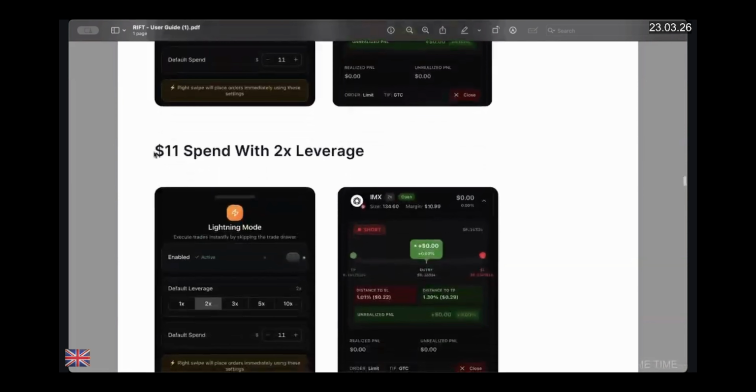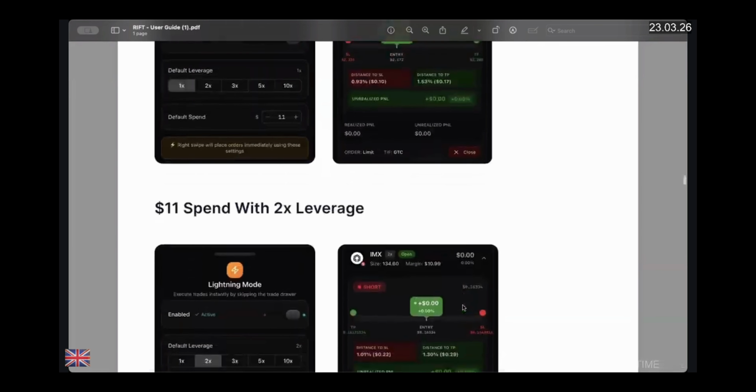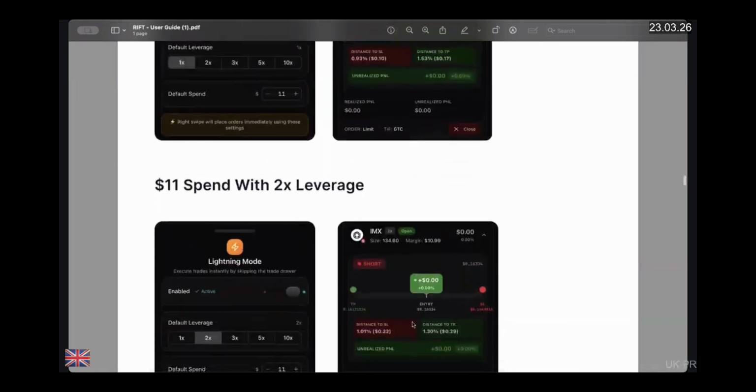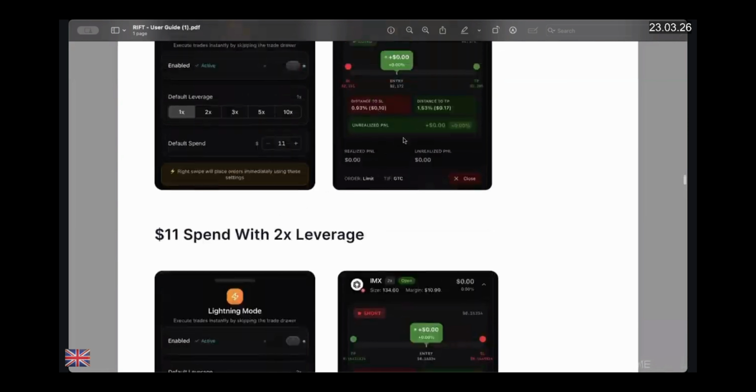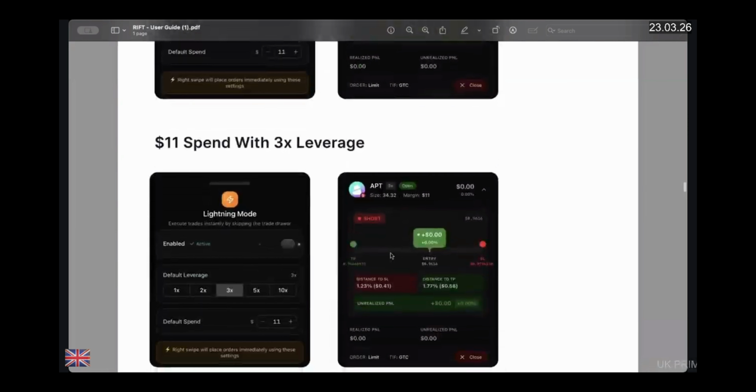Then we see $11 spent with 2x leverage. You can potentially hit a stop loss of 22 cents and the take profit point is 29 cents. That is exactly 10 cents above the profitability without leverage. And with 3x leverage and $11 spent, you get a distance to stop loss of 41 cents and a profit point of 58 cents.